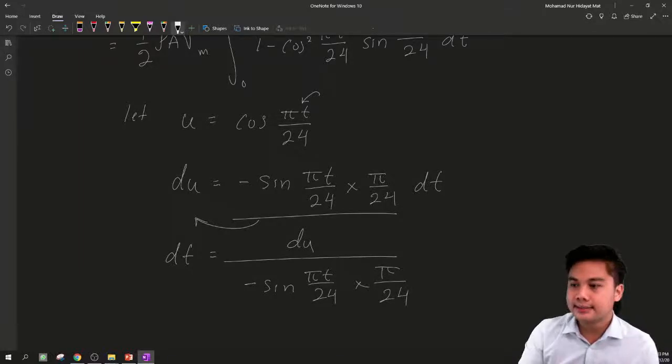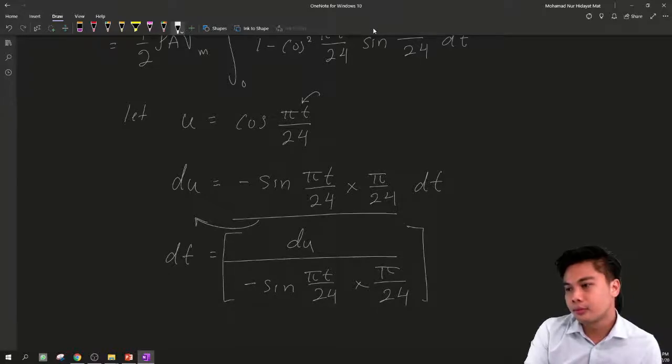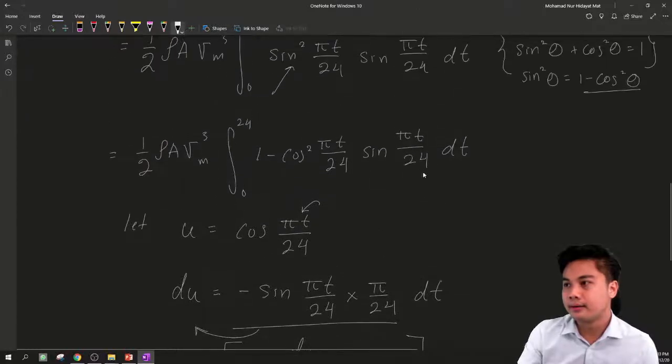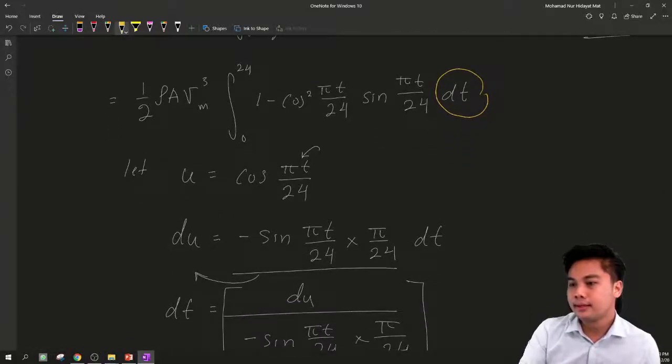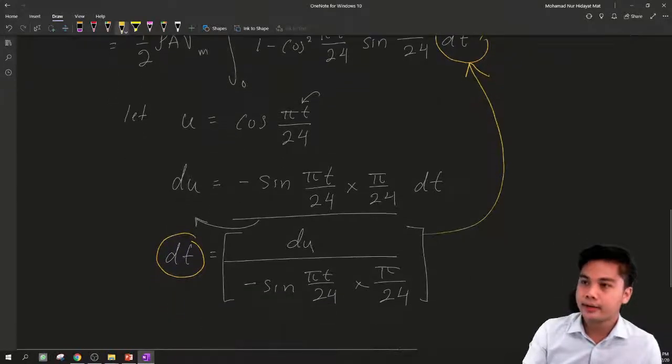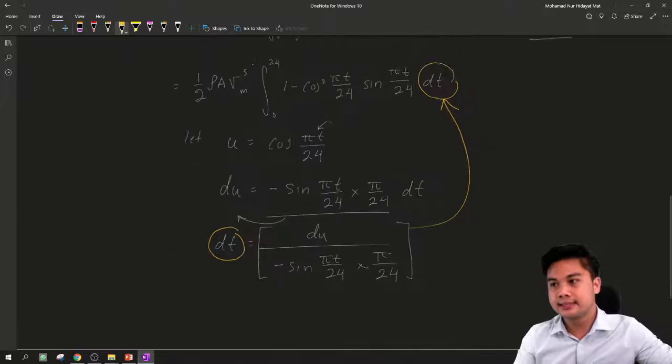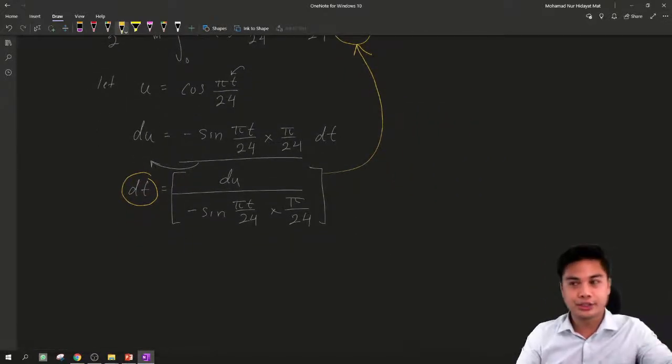We're going to replace dt here with this whole part, to ease our calculation.